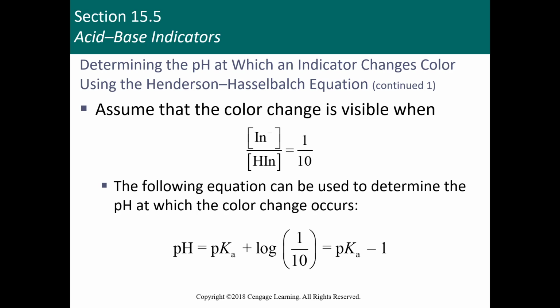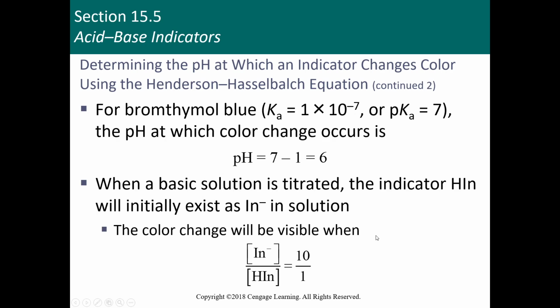So again, let's try this out with a 1 to 10 ratio, which would be where we first would expect to see some sort of visibility, right? And so if we take the log of 1 divided by 10, this is going to be negative 1. And so we take the pKa minus 1, and we find out from the Henderson-Hasselbalch equation, we also get an answer that around pH 6 would be when we get that color change starting.